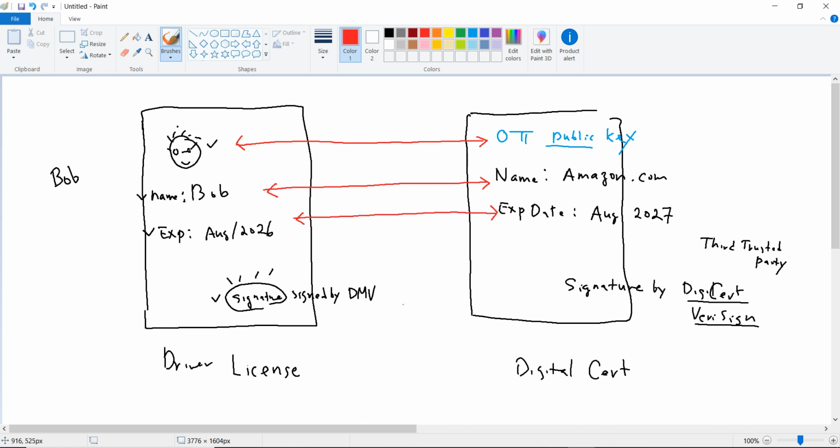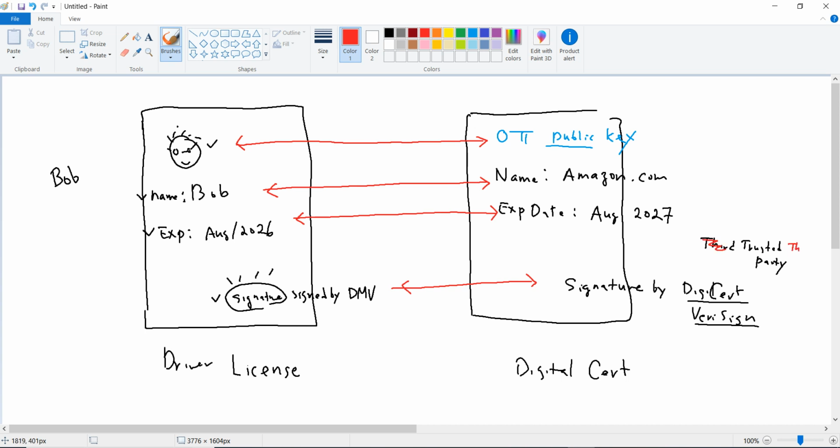And then finally the signature. This is a signature issued by DMV. In this case the signature is signed by DMV, and in the case of a digital certificate it is signed by a trusted third party. I'm sorry, it should be trusted third party.